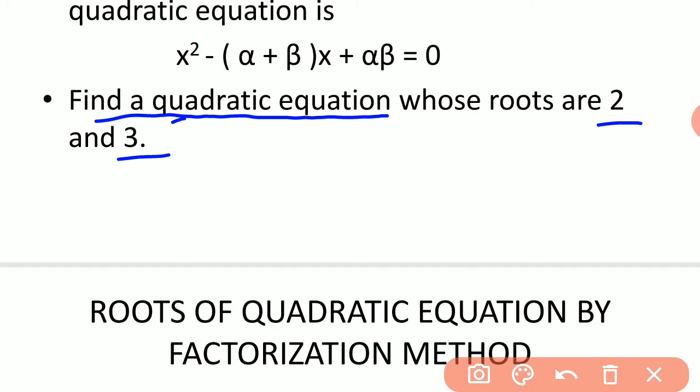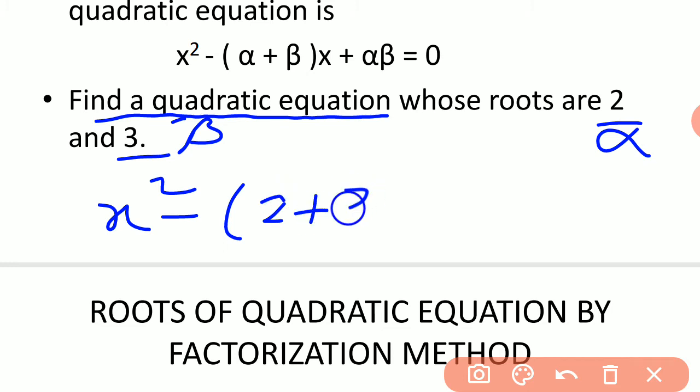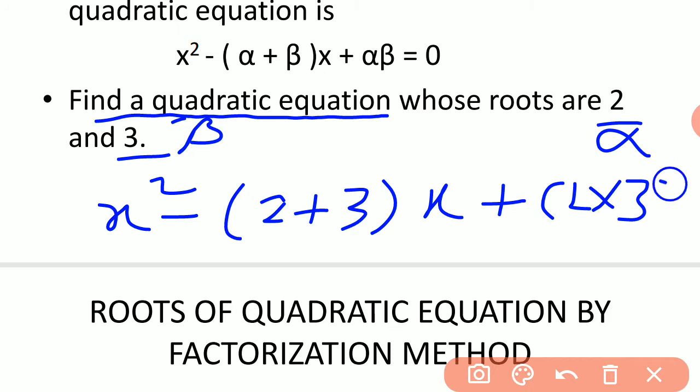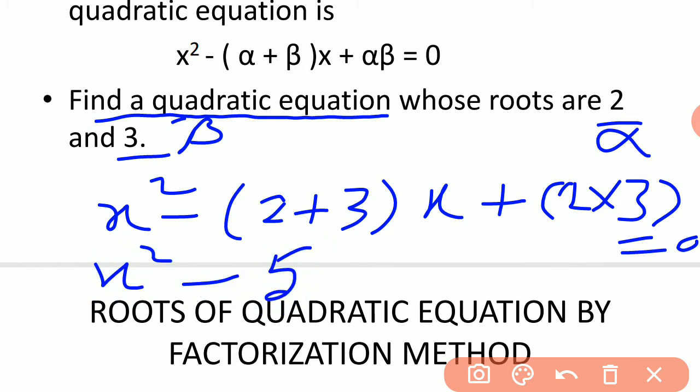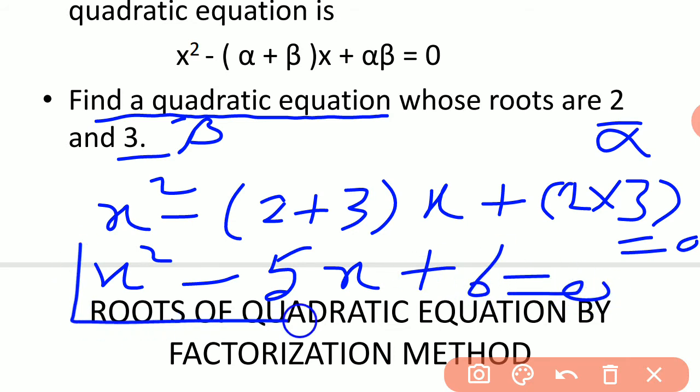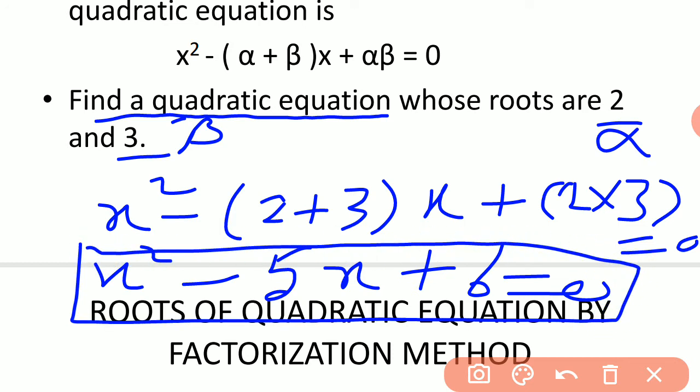Then the quadratic equation becomes x square minus, this is alpha and this is beta, (alpha plus beta, 2 plus 3) x plus alpha into beta, 2 into 3, equal to 0. So it becomes x squared minus 5x plus 6 equal to 0. This is the quadratic equation whose roots are 2 and 3.